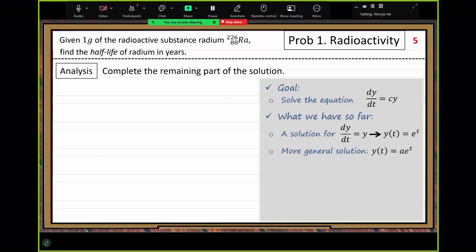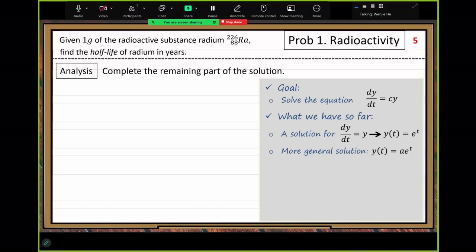If we multiply by a constant, a is a constant, before that e function, it is still a solution, right? Think about it. The derivative of this function is the same as this function. Because that a constant, when you take a derivative, you just take it out.